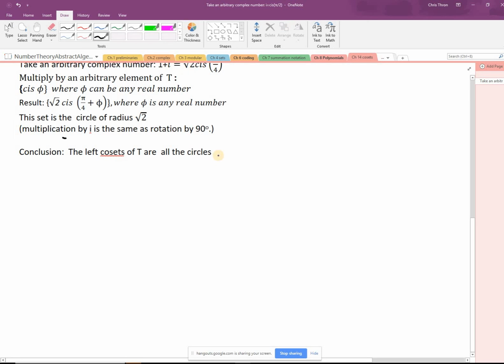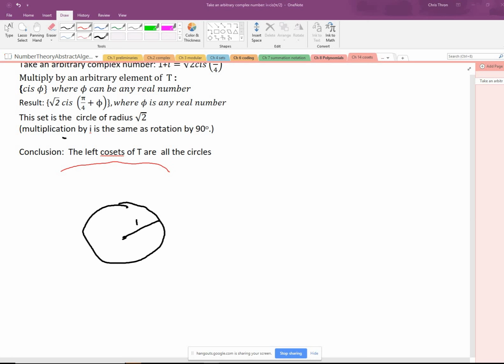Okay. All right. So, what we did so far, right? We had the unit circle with radius 1, and then one of the cosets was the same thing. Another coset was the circle of radius 2.